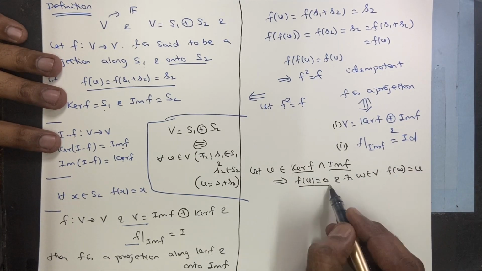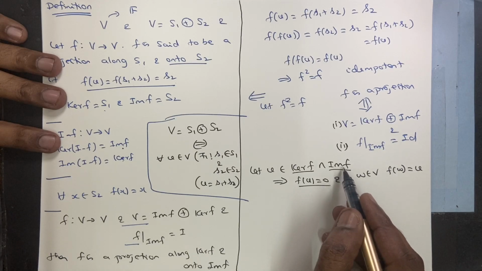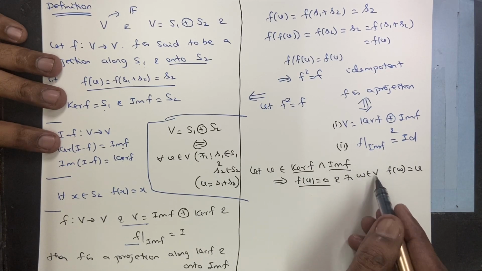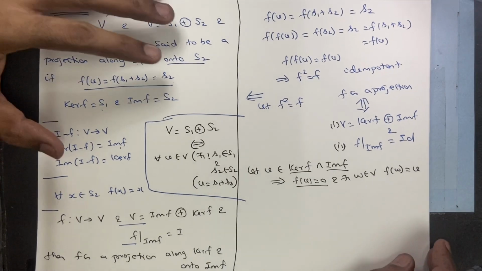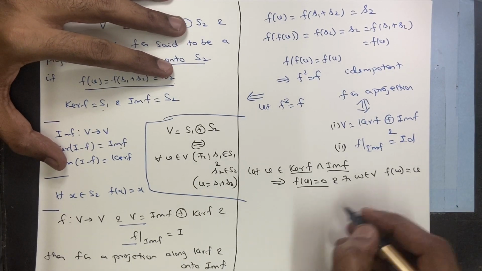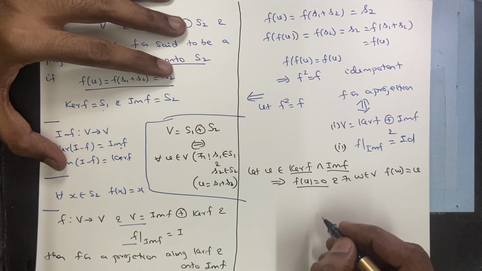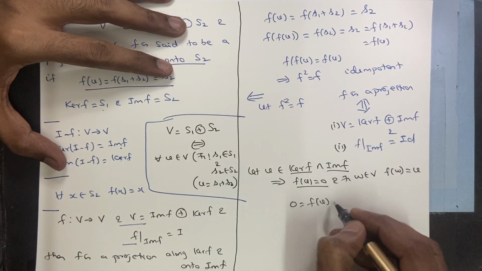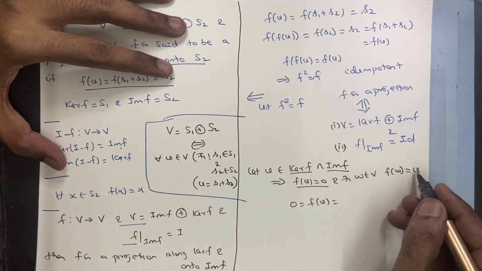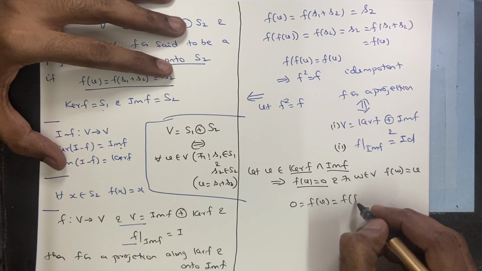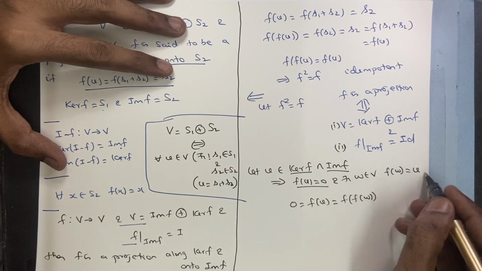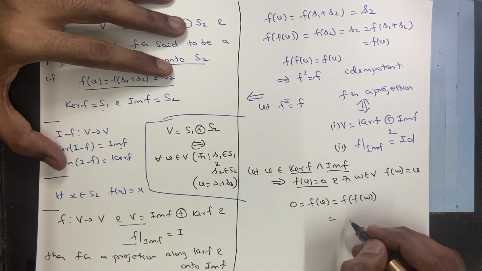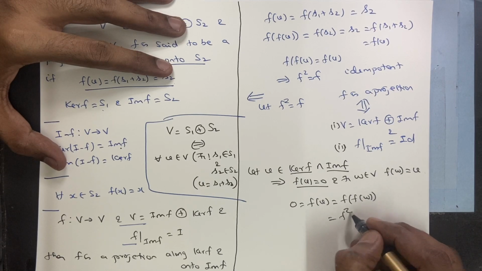Since v belongs to the kernel of f, f of v is 0, and since it belongs to the image of f, v has to be the image of some element from the domain. Let's say w is an element of V, with f of w equal to v. Now you can easily see that 0 is f of v, but v is f of w, so this is f squared of w.